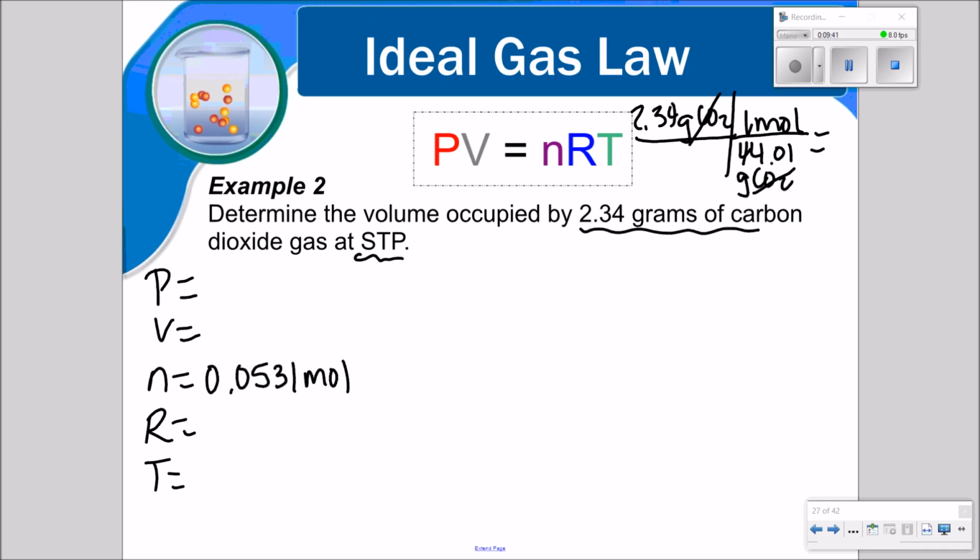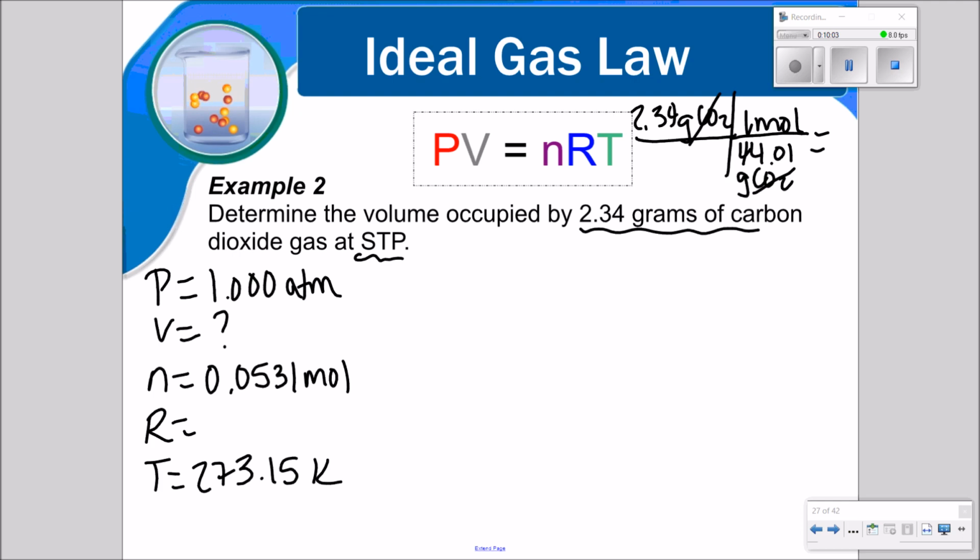Then it says STP, so I've got to use standard temperature and pressure. So my standard pressure I'm going to use is 1.000 atmospheres right off the reference sheet. My temperature is in Kelvin, 273.5 Kelvin. My volume, I don't know. That's the variable I'm going to be looking for.